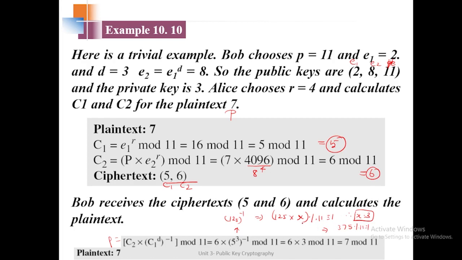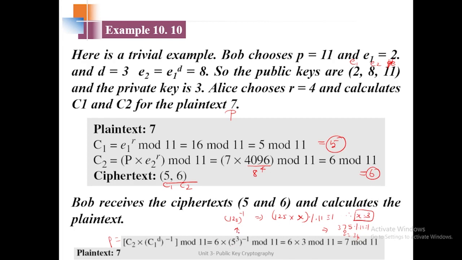So I do some calculations by substitution. If I substitute x equal to 3, 3 into 125 is 375. Mod 11 means the quotient is 34, and the remainder is 1. So the 125 inverse is 3.